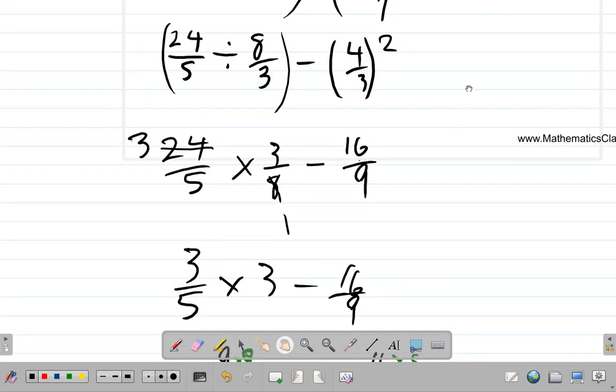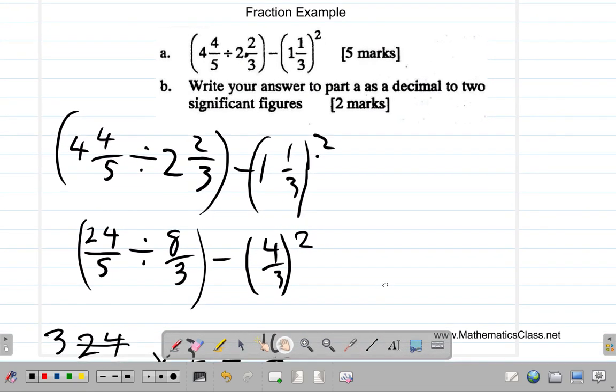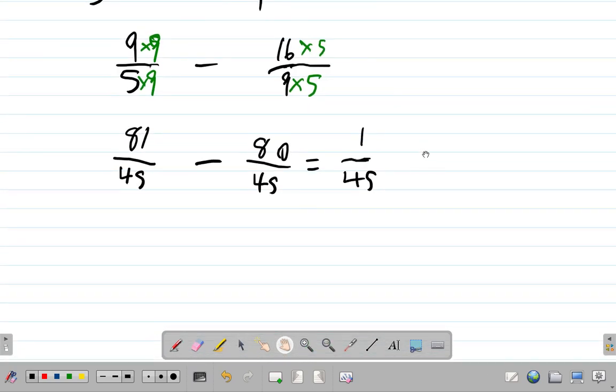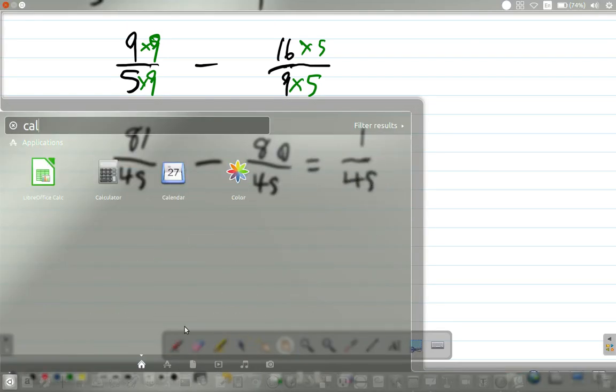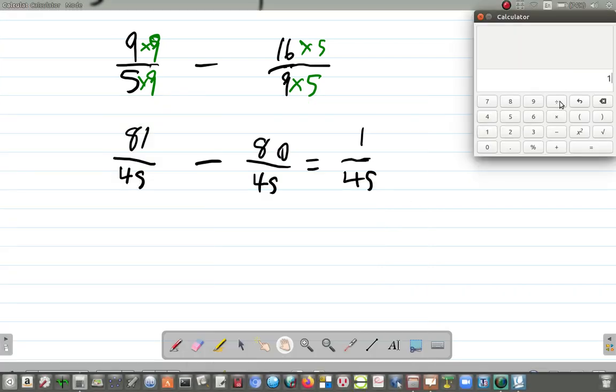The next thing that you're asked to do is to write your answer to part A as a decimal to two significant figures. You're going to write this down as a decimal. Well, let's use a calculator and find out what that thing is equal to. 1 divided by 45 is 0.022.